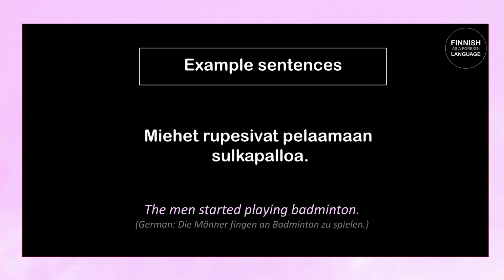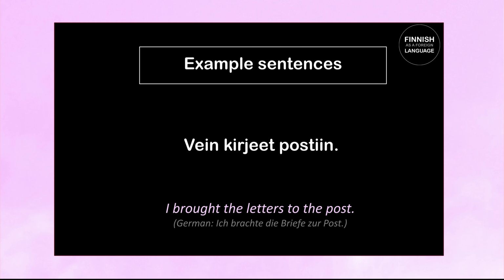So let's repeat. Miehet rupesivat pelaamaan sulkapalloa. The men started playing badminton. Alright, we move on. Vein kirjeet postiin means I brought the letters to the post. So vein is the first person singular past tense of the verb viedä, which means to bring.